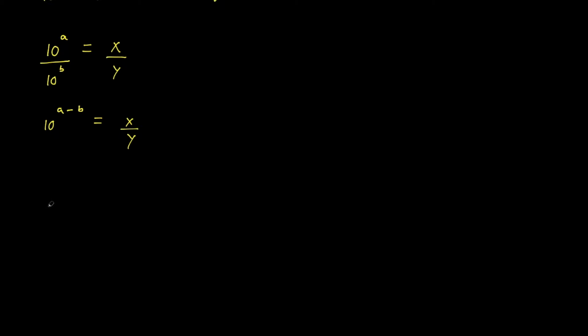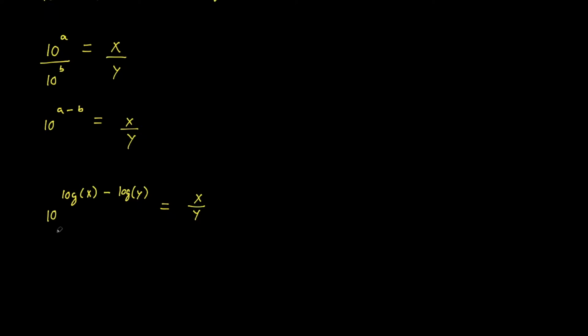We can rewrite this as 10 to the log of x minus log of y, since a is log of x and b is log of y, and that's all equal to x over y.